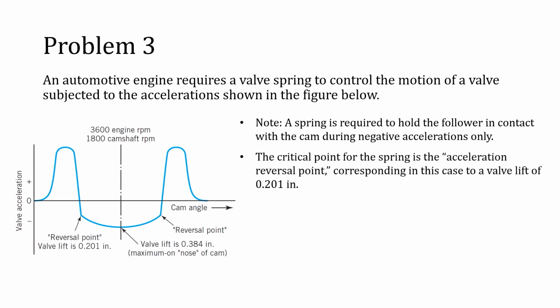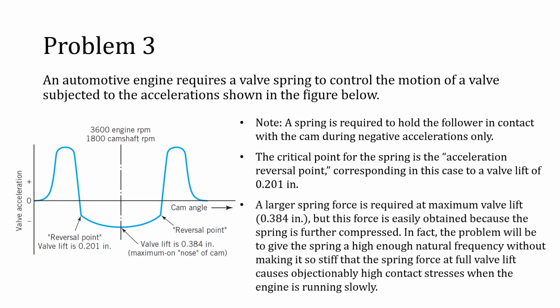This might be kind of repetitive, but here you go. The critical point for the spring is the acceleration reversal point, which corresponds in this case to a valve lift of 0.201 inches. And a larger spring force is required at the maximum valve lift of 0.384 inches, but this force is easily obtained because the spring is further compressed.